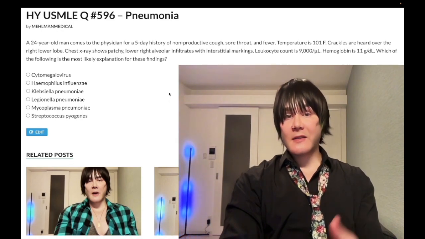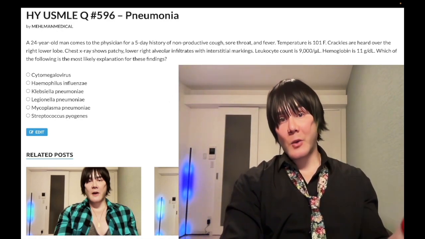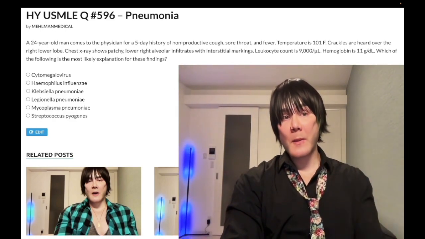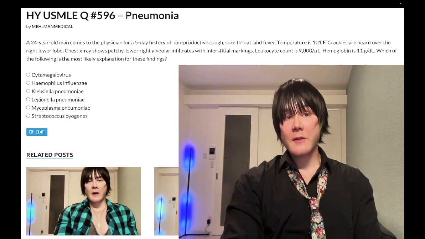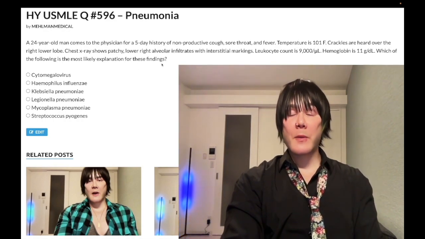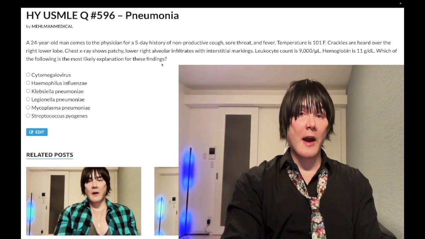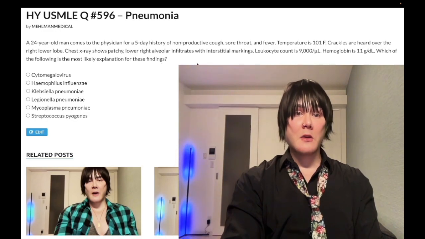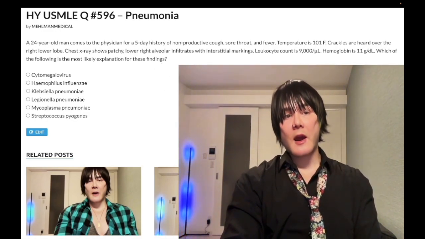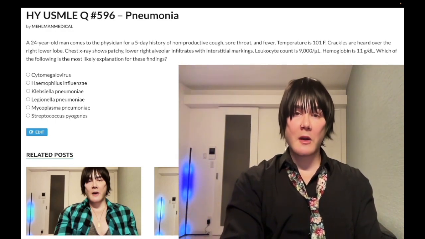Now, they can tell you bilateral interstitial markings, bilateral wheezes, okay? In a 23-year-old, we say walking pneumonia for mycoplasma colloquially because literally it'll be a young, otherwise healthy patient who's walking around perfectly fine, okay? I've seen an NBME question where they literally say the dude went for a hike for 8 hours, okay? So they're walking around perfectly fine, but then you do the chest x-ray and it looks unhealthy, okay, because you clearly have a pneumonia here. They call it walking pneumonia.